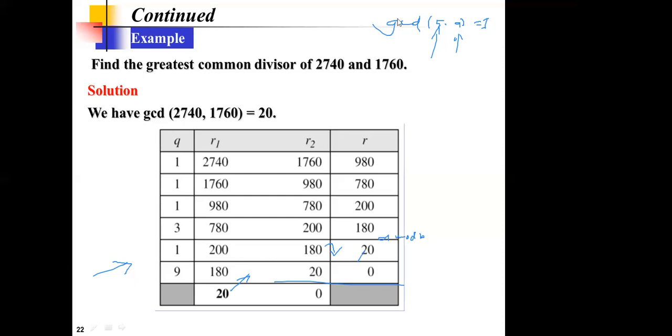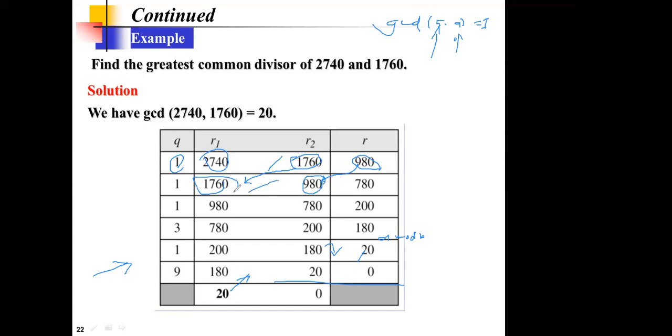2470. Sometimes you ask. So first of all, you put these values. Then you divide R1 by R2 and write the quotient and write the remainder. Then you replace this R1 with this R2, and you replace R2 with this R. And again, go for the next operation.